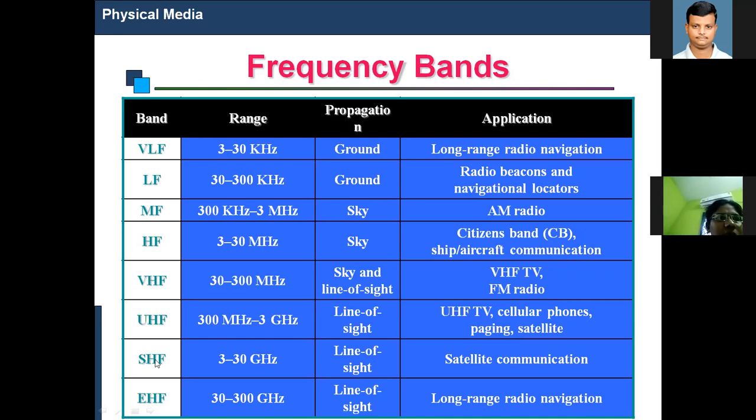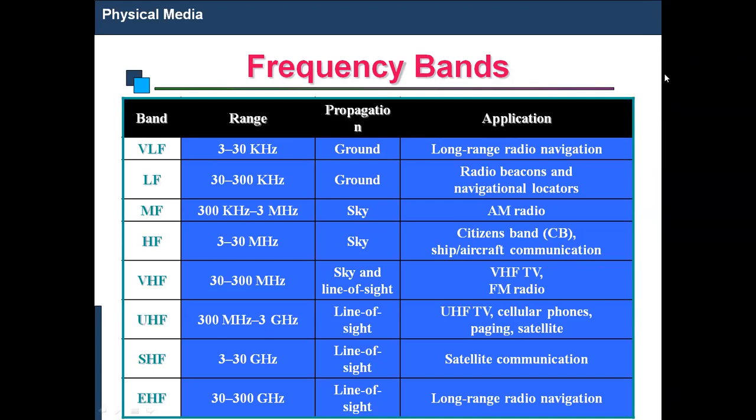The next one is SHF, which is used for satellite communication. The next one, EHF, is also for long range radio propagation. This table shows the exact wireless bands, their ranges, the propagation, and the application.